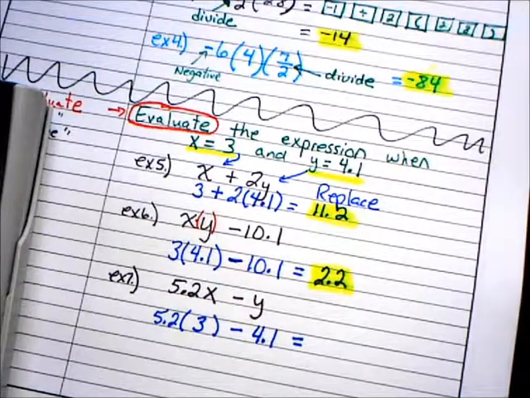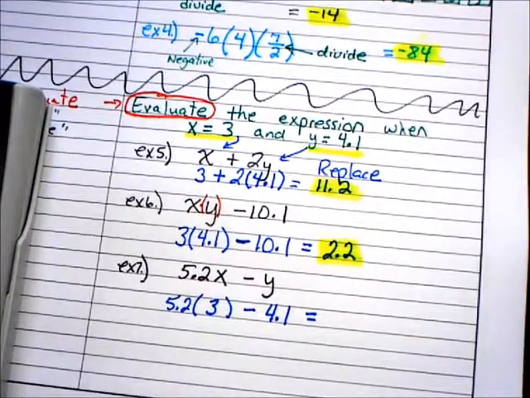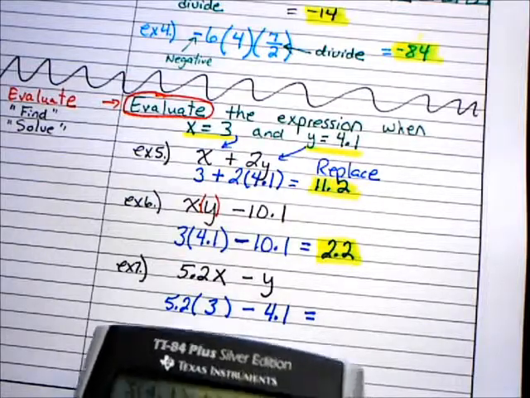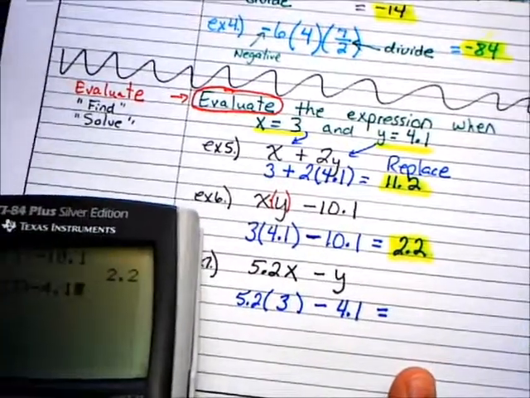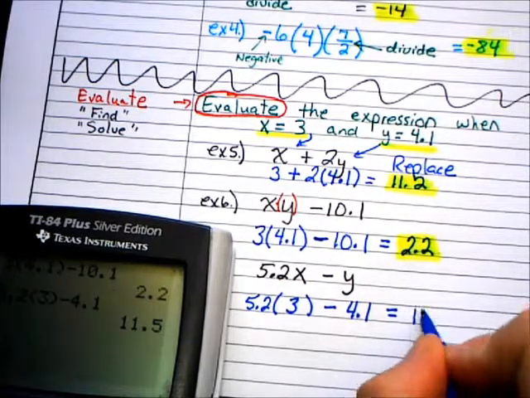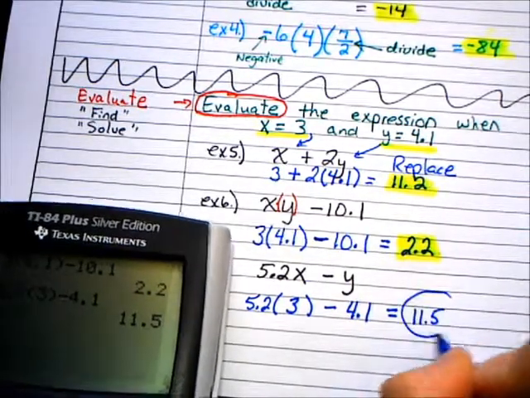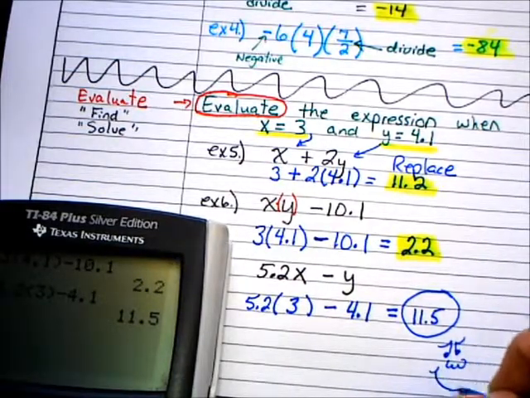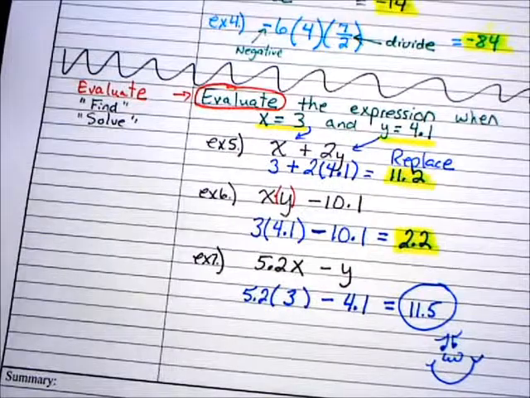Alright, put this in your calculator and see if we match. Alright, when I type mine in, I came out with 11.5. If you match the same as what I had, draw yourself a smiley face showing me that you got it correct. If not, then correct it.